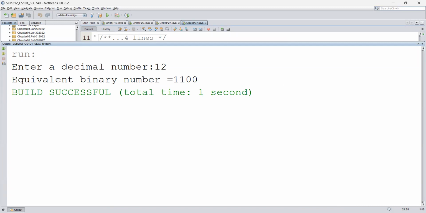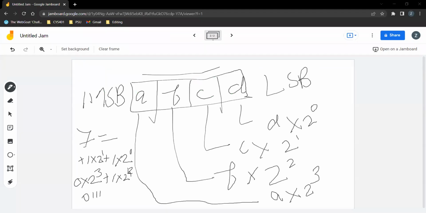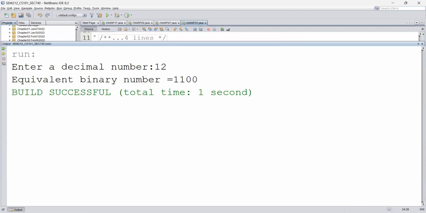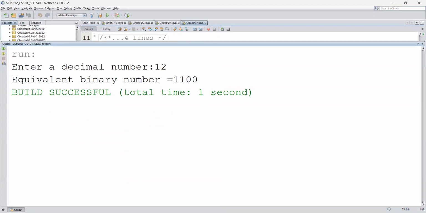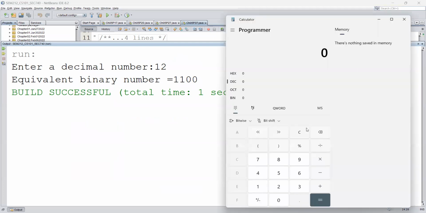We can check it. If you want, you can check it. We do have some calculator. You can open the calculator. So we do have our calculator with us.